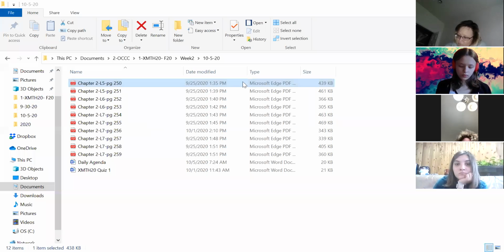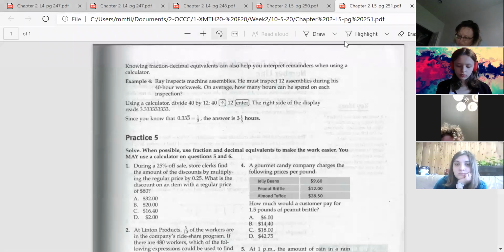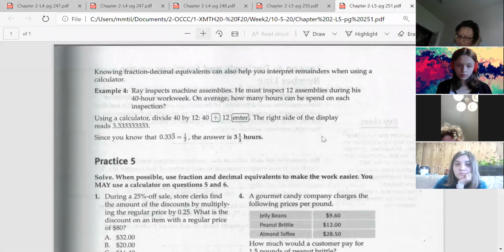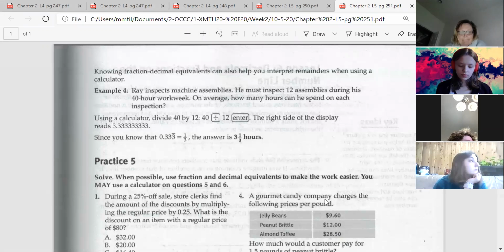Okay, here's the next page, just calculator skills.